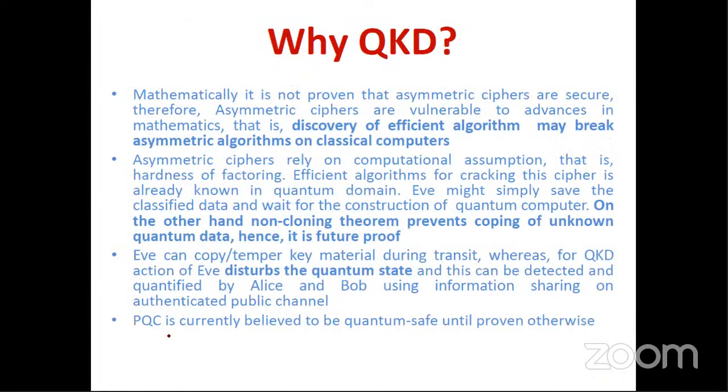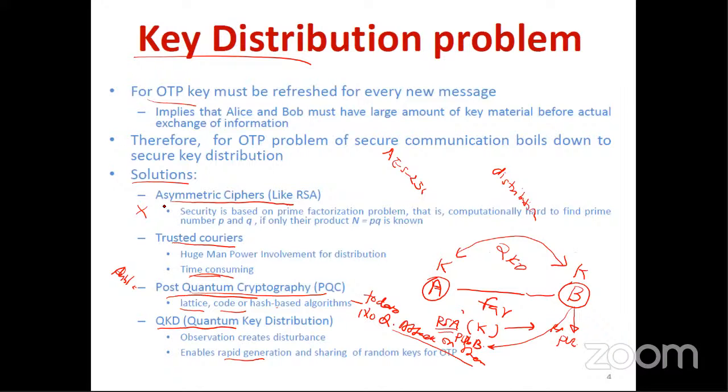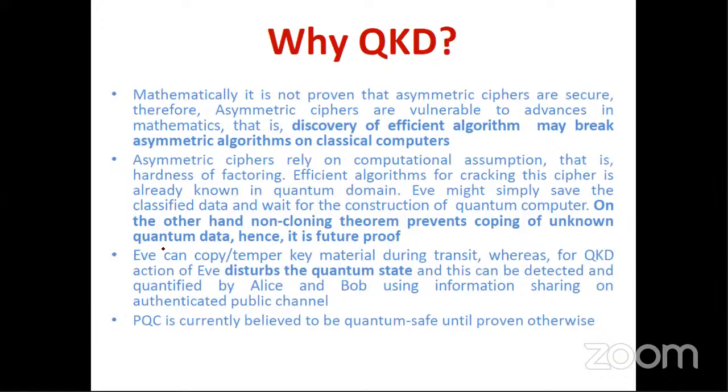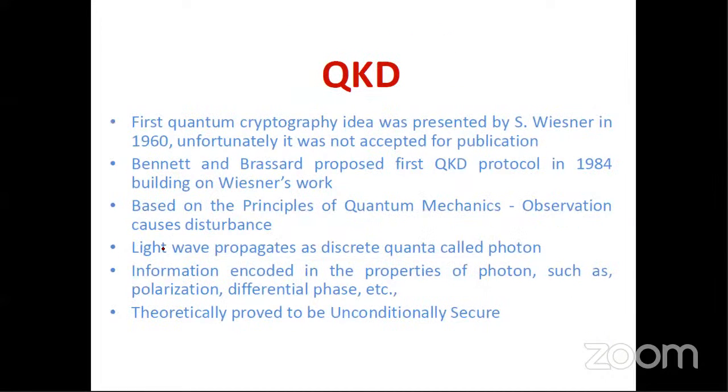Why QKD? Just now we have seen that current systems are having issues. So we require QKD, and it provides perfect secrecy. So when did it start? It started way back in 1960. But at that time there was no quantum algorithm. But this fellow Wiesner proposed the first quantum key distribution protocol.